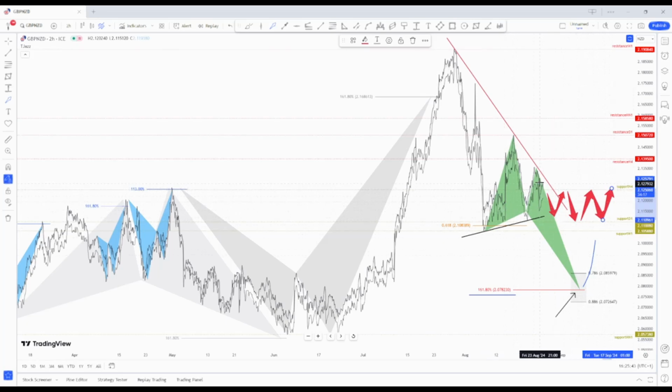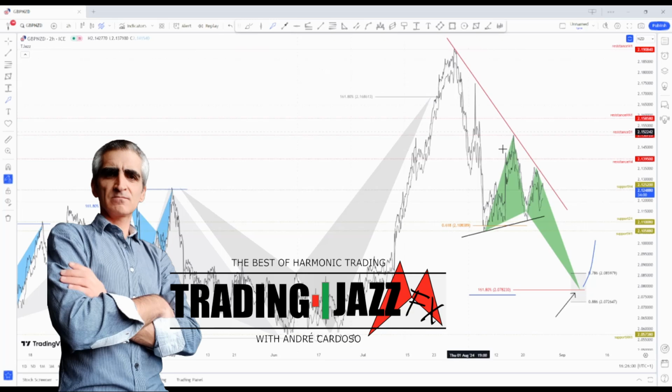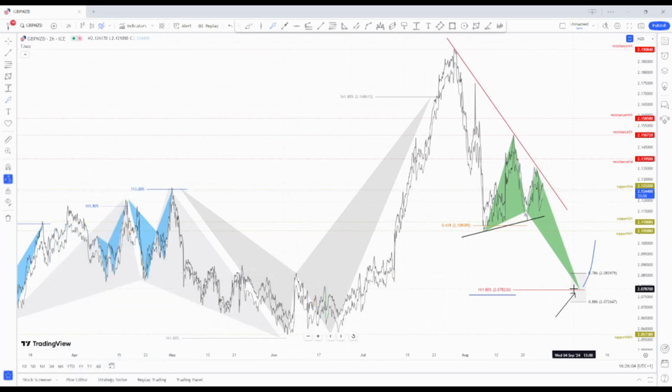I want to know if the price falls in a harmonic fashion. If the market drops below the support and trades these levels, I know the market will form that sequence, that pattern specifically. I'm not saying the market will trade lower. I'm saying I will trade higher if the market achieves those levels.